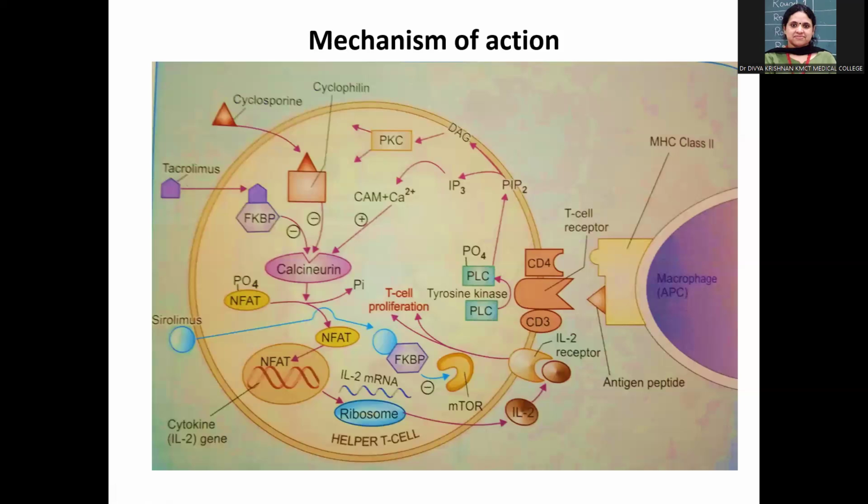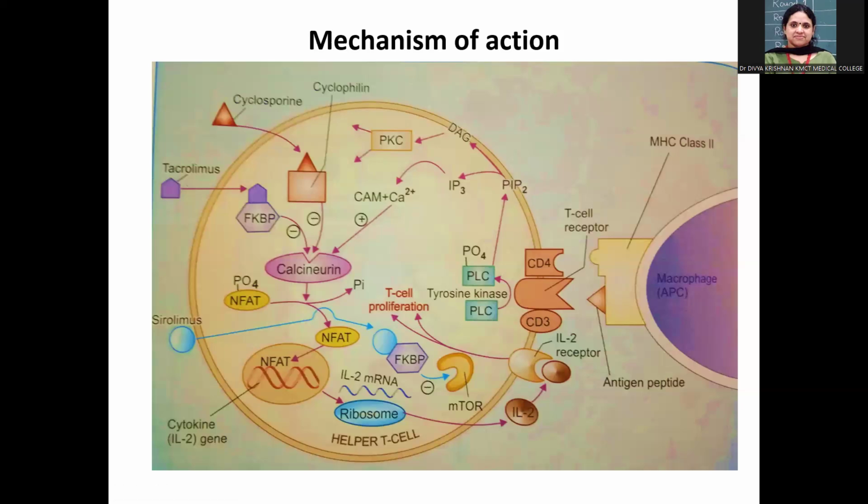Now, once this anchoring occurs, it will stimulate the T cell, and this will cause the phosphorylation of phospholipase C. This is the phospholipase C. This will cause the hydrolysis of PIP2 into IP3 and DAG.